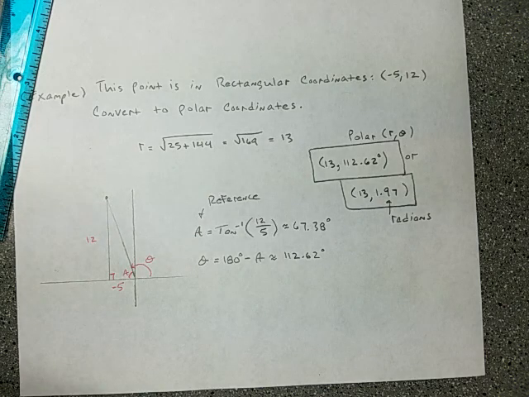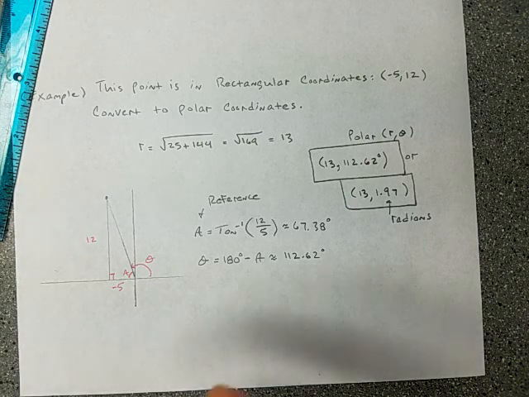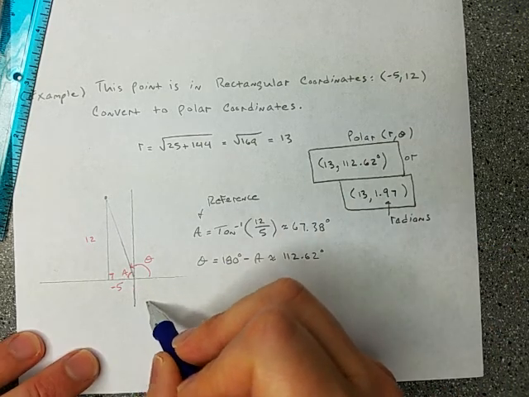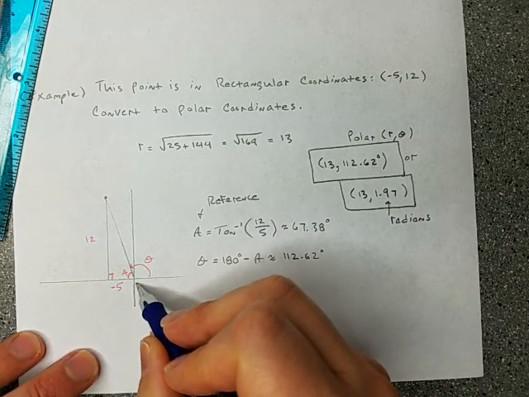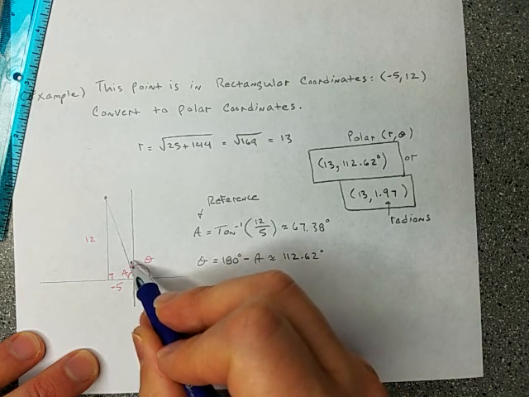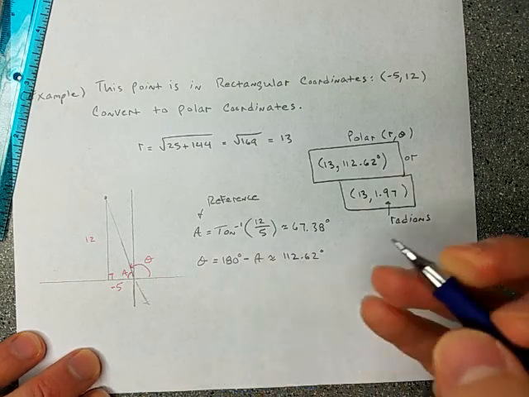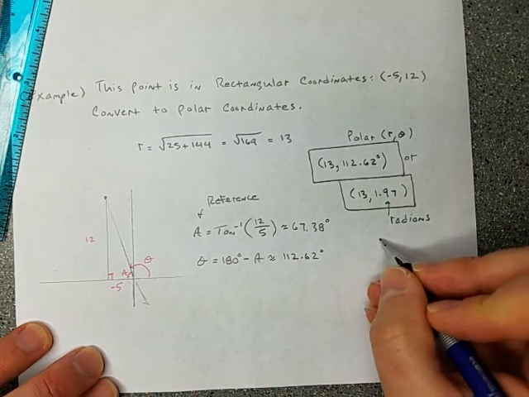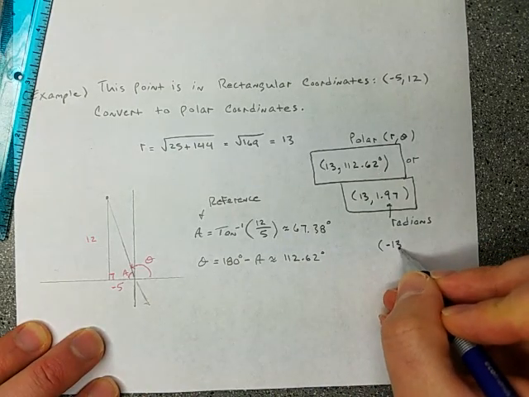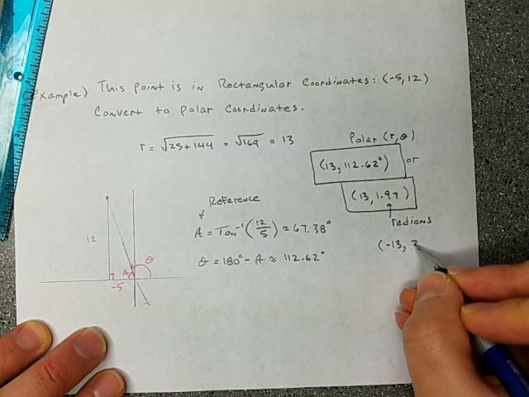So say I take 112.62 degrees and I add 180, then I get 292. So this angle right here is going to take me out in that direction, that's 292 degrees. And in that direction, I would have to make r a -13.